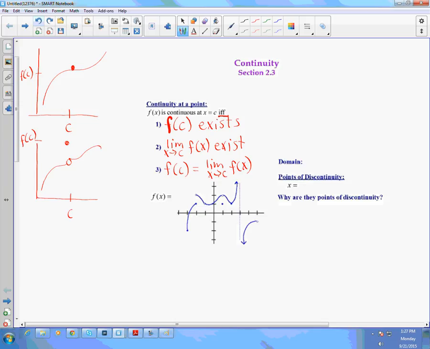When approaching the same hole, it's either yes or no, but it's not a maybe. It's approaching the same hole from the left and the right, correct? But is that hole the same as equal to that point? No. So this is an example of where part 3 fails. f(c) exists, and the limit exists, but they're not the same. So this should be not continuous. Does that make sense? It has to pass all 3.